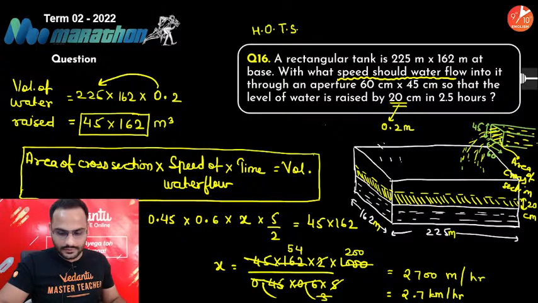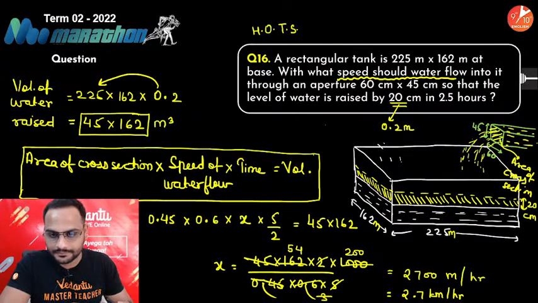Let's see, 225 into 162 into 0.2. Okay, this divided by 0.45 divided by 0.6 divided by 2.5. I think I am making some calculation mistake. Some calculation mistake is over here.